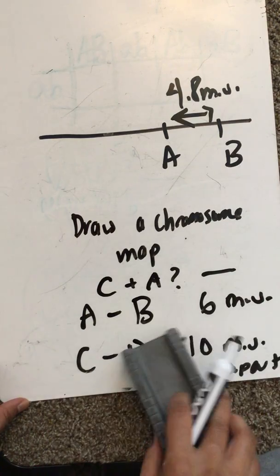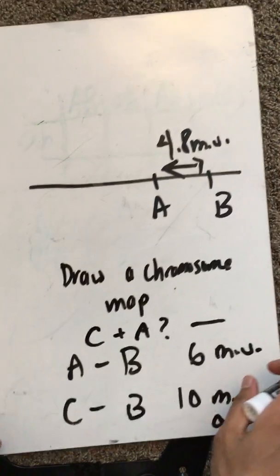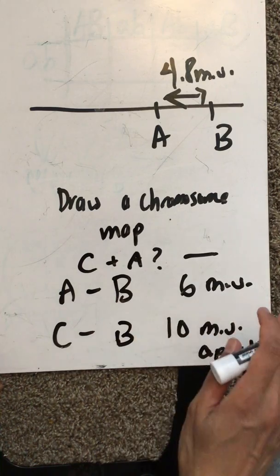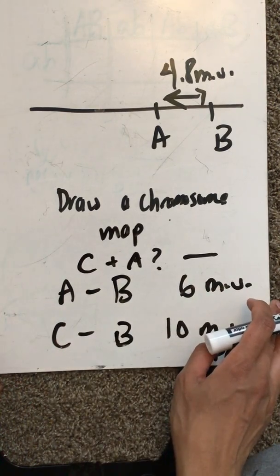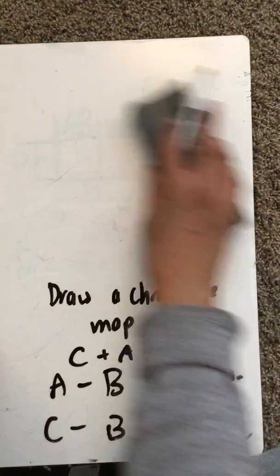Actually, we're just going to say C and B. So if I have A and B 6 map units, and C and B 10 map units, what's the distance between C and A? Basically, I draw the chromosome map.